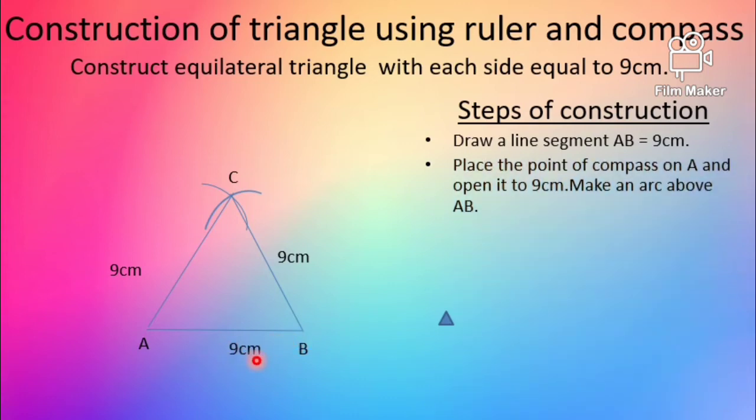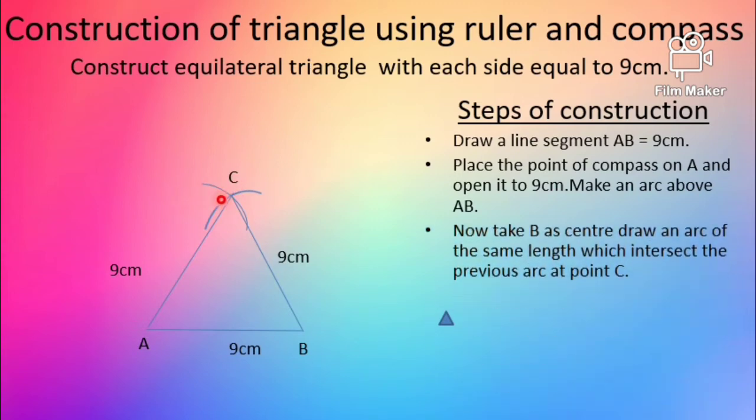In the second step, place the point of compass on A and open it to 9 cm and make an arc above AB. This is the first arc above AB of 9 cm.